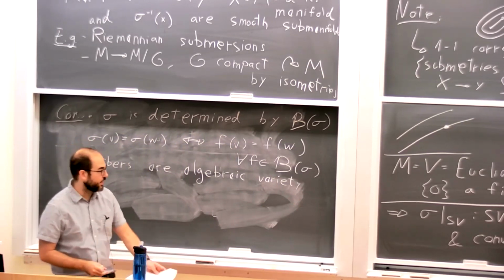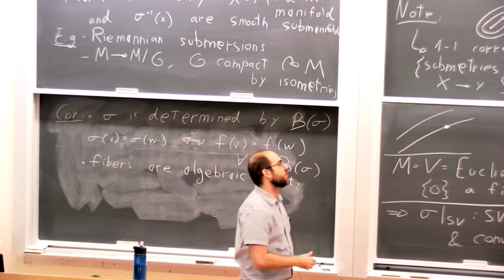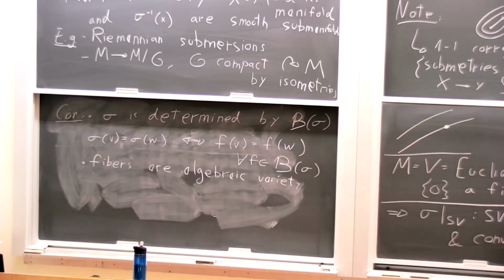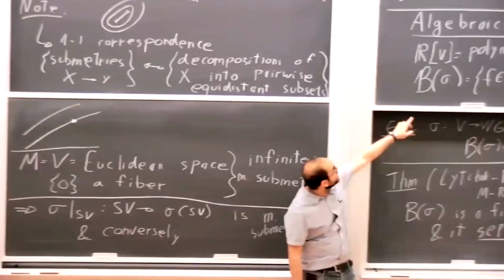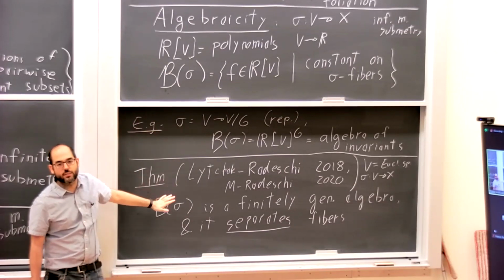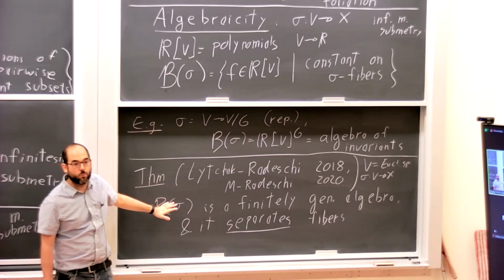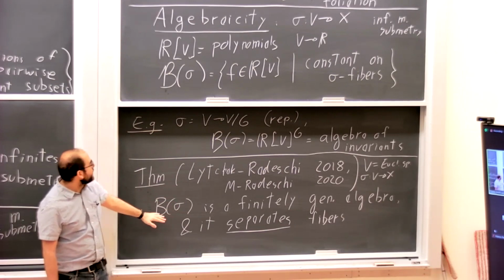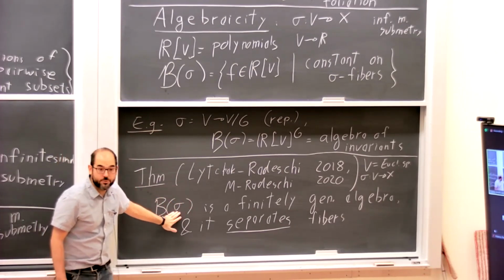So this corollary tells you that there's a one-to-one correspondence between infinitesimal manifold submetries like this and a certain class of subalgebras of the polynomial algebra. And a natural question is: what is the image of that? What algebras are the algebra of basic polynomials for some sigma?